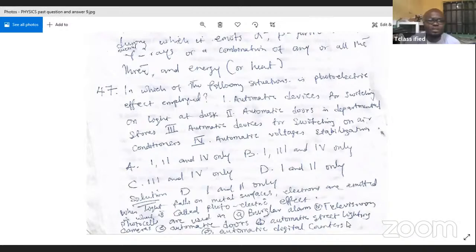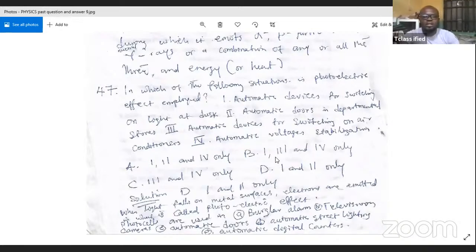And 4, automatic voltage stabilizers. We have A, 1, 2, and 4, B, 1, 3, and 4, C, 3 and 4, D, 1 and 2 only.